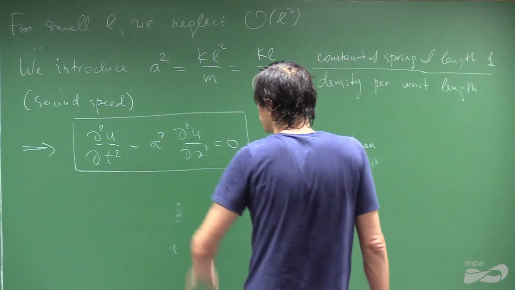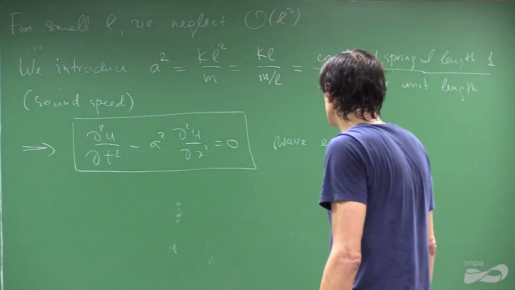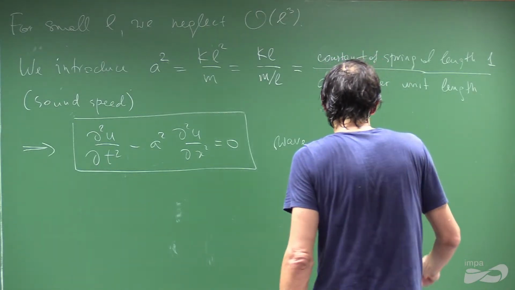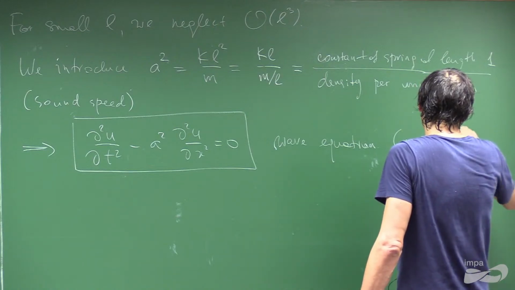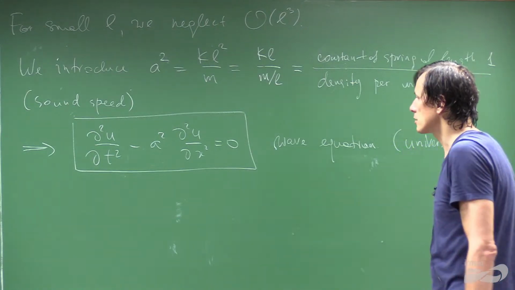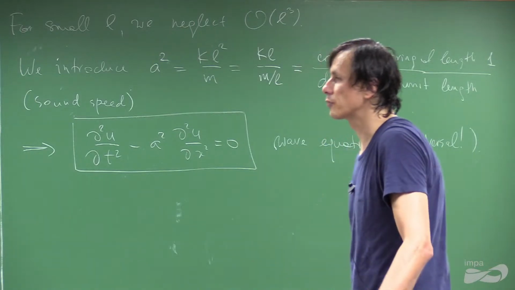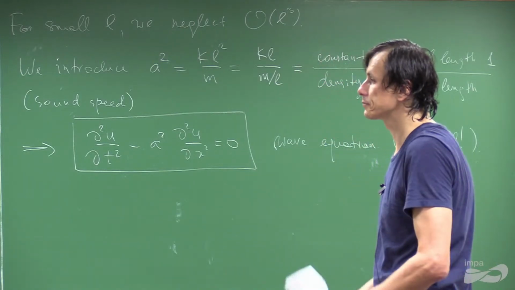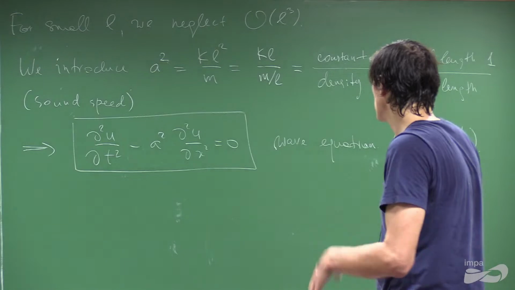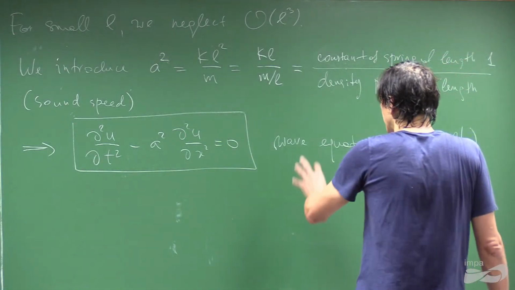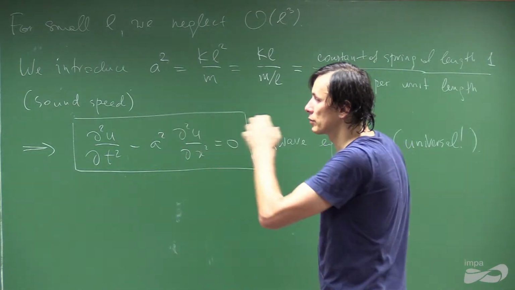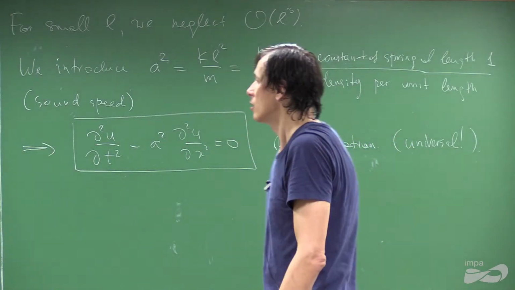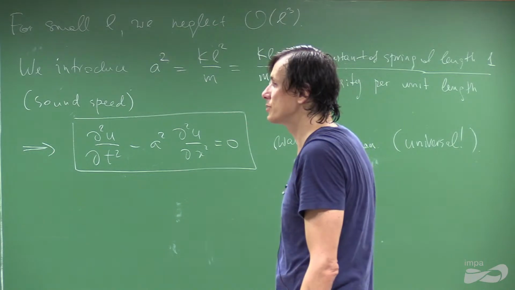This equation you may encounter everywhere. So somehow this equation is universal. It's universal in the sense that it appears in completely different types of physics, and in principle, in every field where it appears, you can derive it in a somewhat similar way. But since it's universal, there should be different derivations.